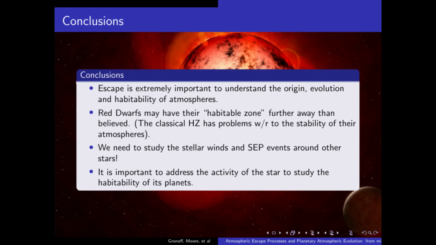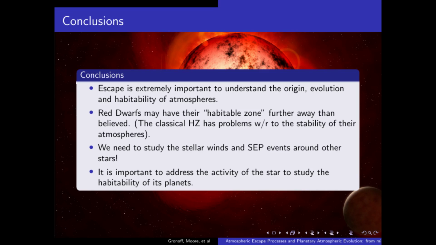So we have seen that the escape is something extremely important to understand the origin, evolution, and the habitability of the atmosphere. We have seen that the red dwarfs have their habitable zone really affected by the star and may have problems having an atmosphere.